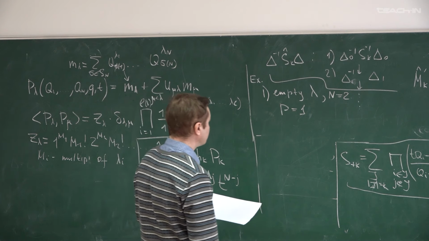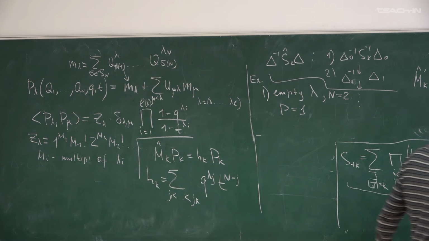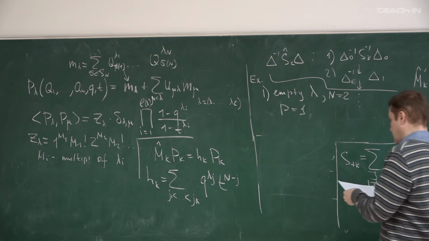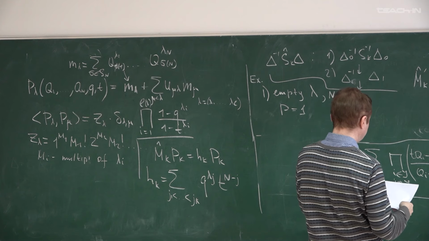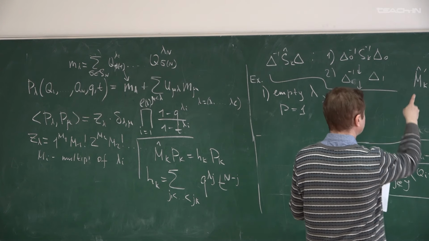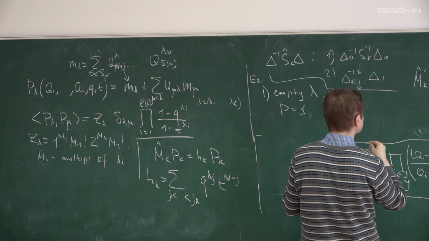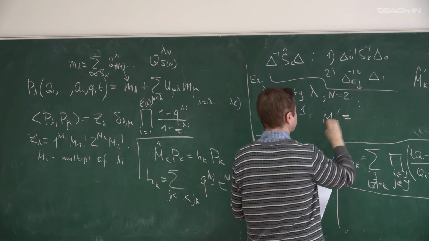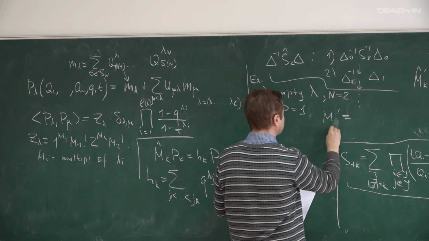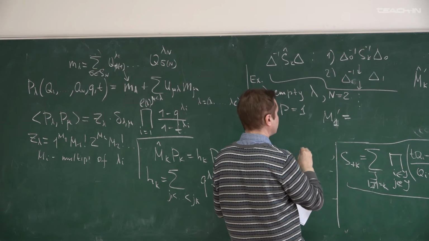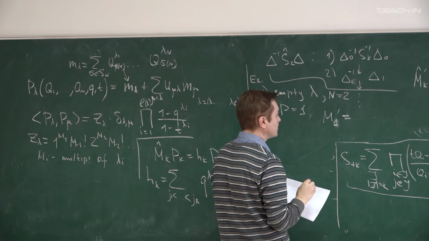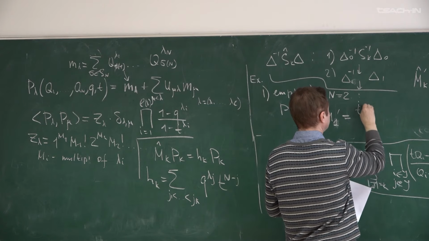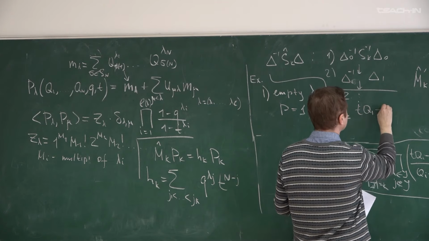Then what do we have? Let us write this operator. Maybe it's better to write this one. m_k prime is equal to m_1 prime, so k is equal to 1. And what is this operator? It is tq1.